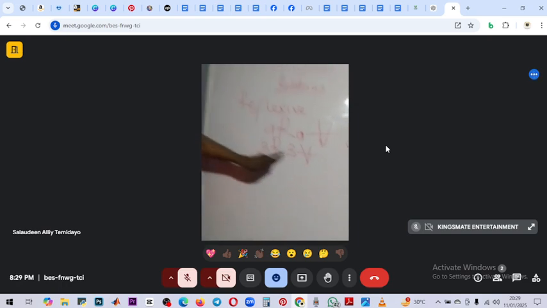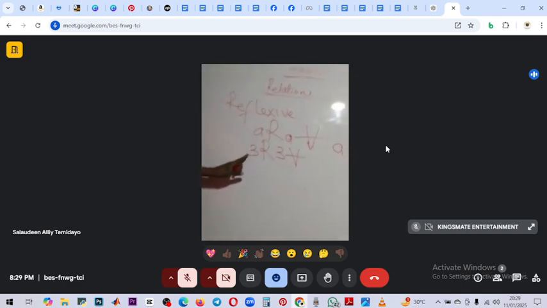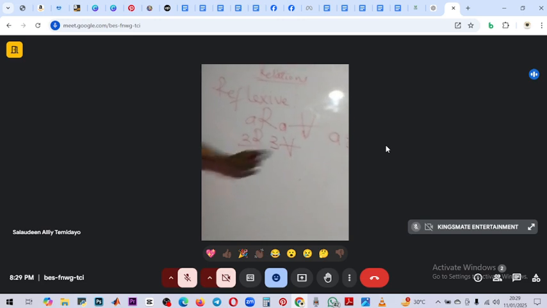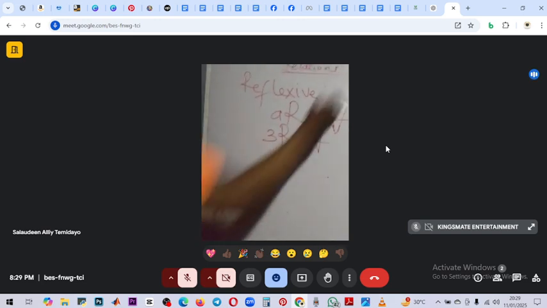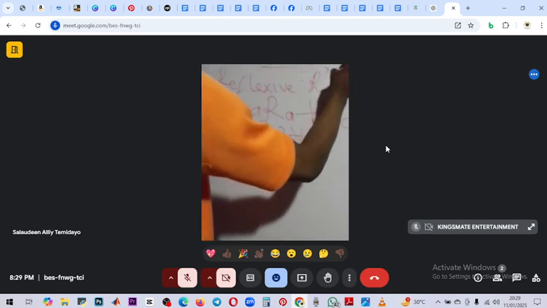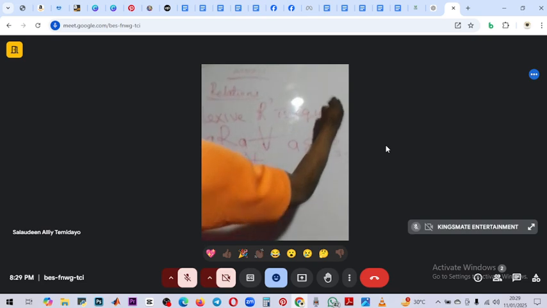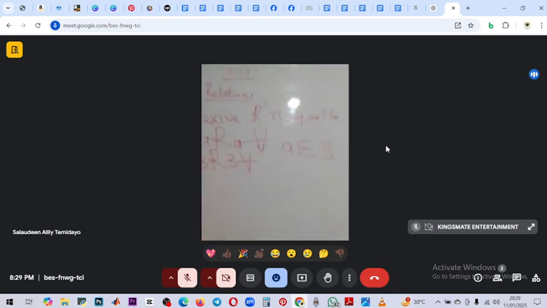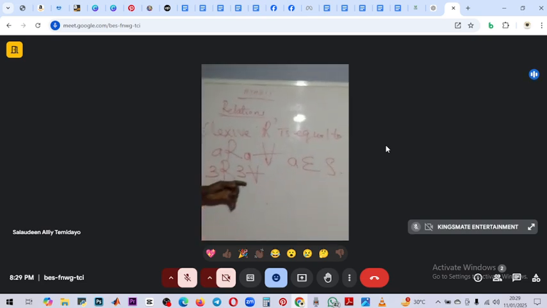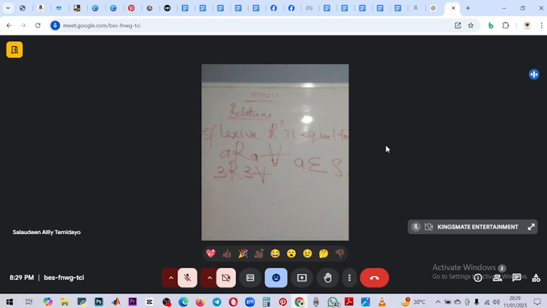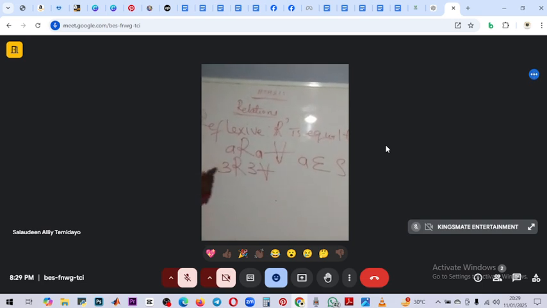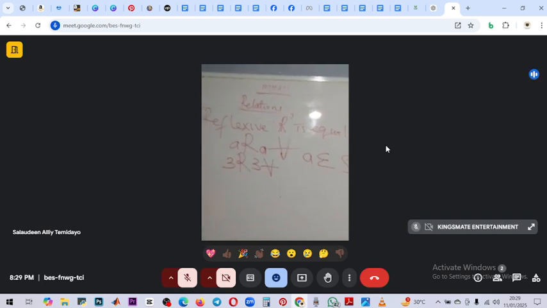If I said the relation is equal to, 3 is equal to 3. Irrespective of whether I write this 3 at the front or this 3 at the back, they are still the same thing.